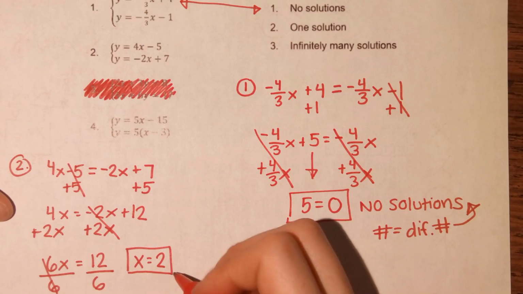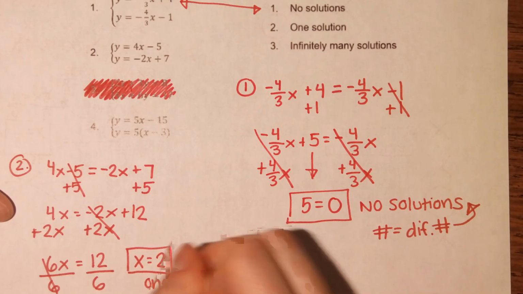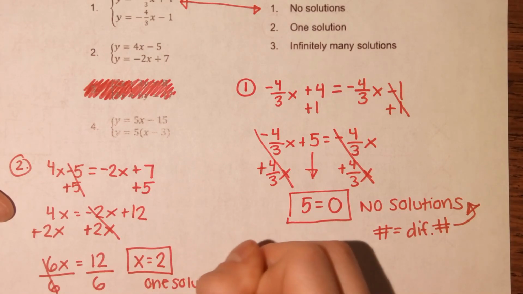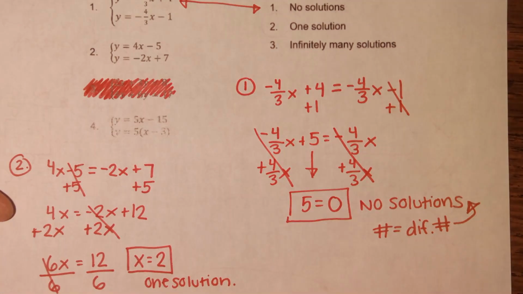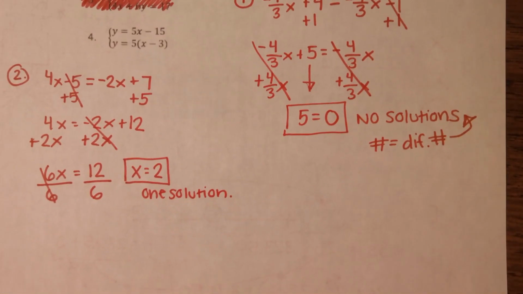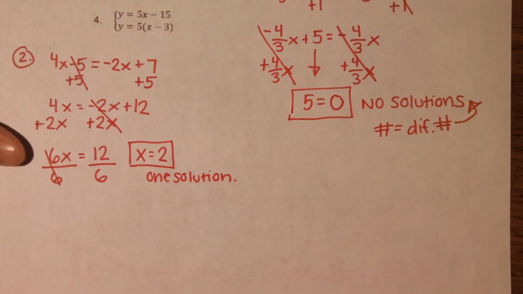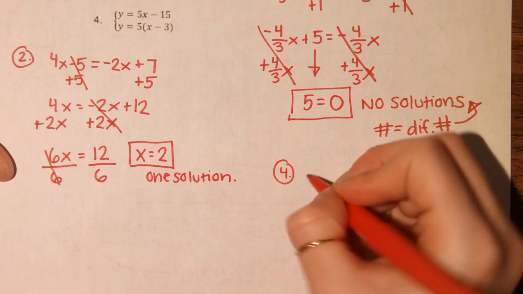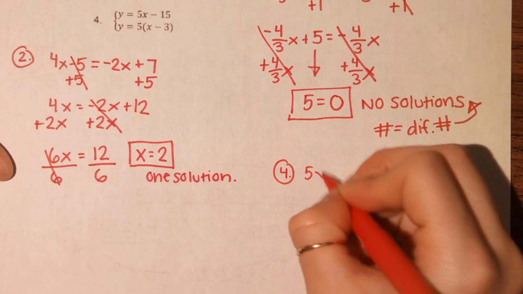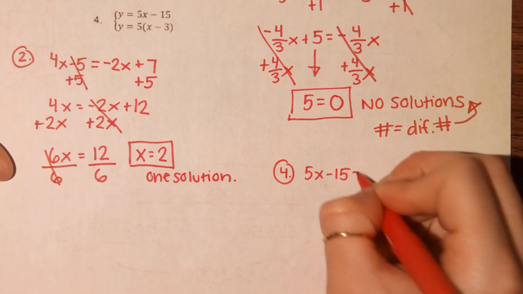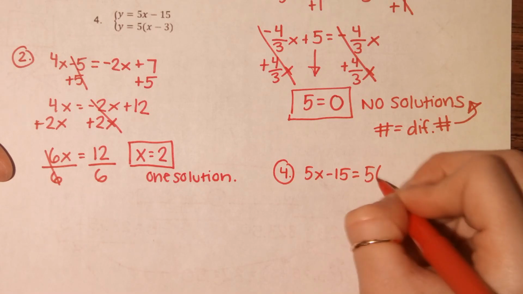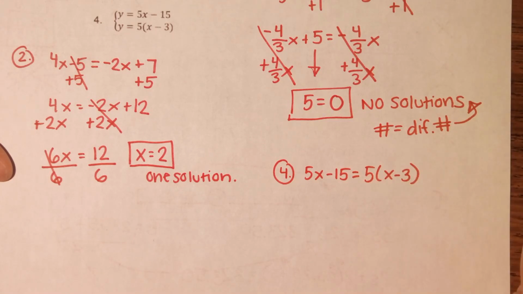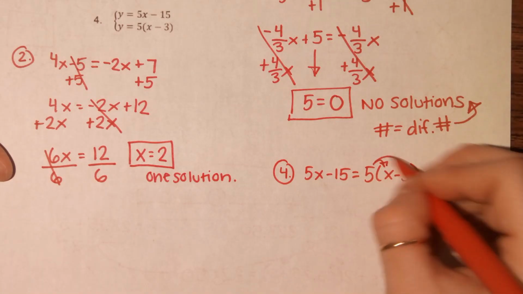Then I have my last equation, which is 5x minus 15 equals 5 parentheses x minus 3. Let's distribute. We get 5x minus 5 times negative 3 is negative 15 equals our 5x minus 15, which is on the other side. Well, I want to get rid of my 15, so let's cancel those out.